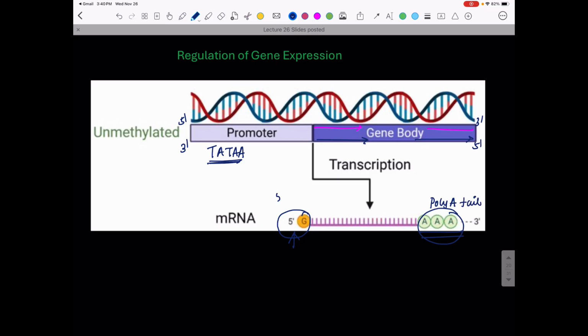So these are to ensure that the mRNA doesn't get degraded, number one, and they also have an address where to go in the cytoplasm in order to decode it into the protein.